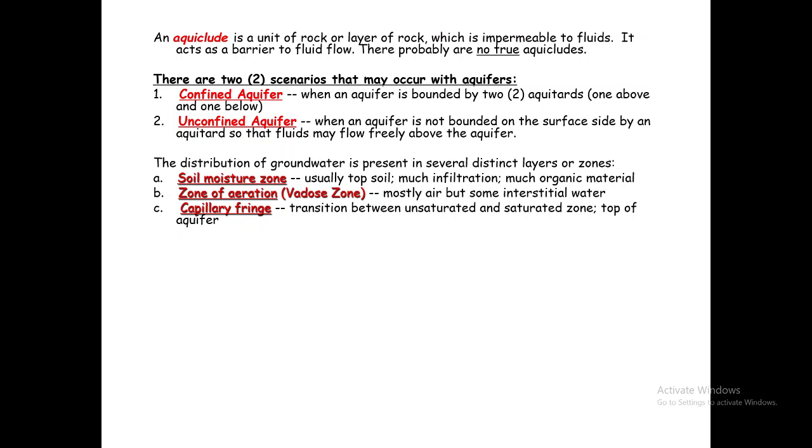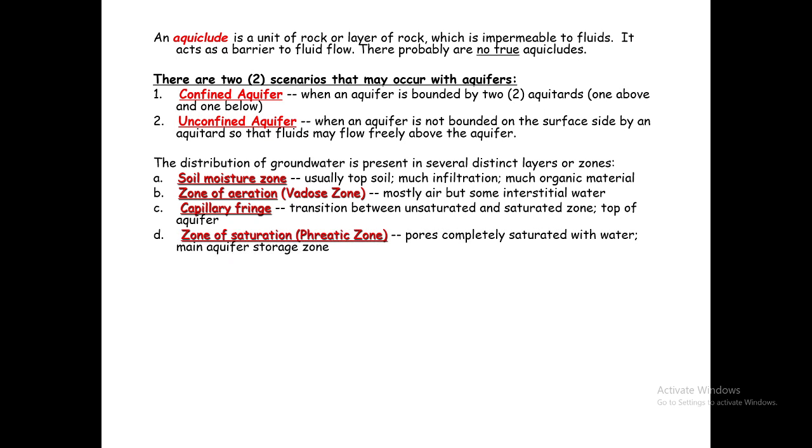On the top of the aquifer, it has a negative pressure, and water is traveling against the gravity in this zone. Then we have zone of saturation, phreatic zone, in case of unconfined aquifer, which is fully saturated and contains ample quantities of water.